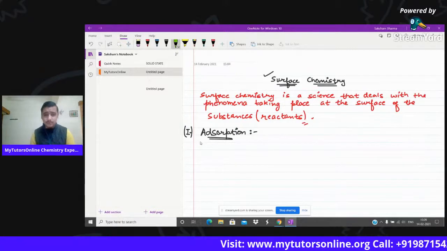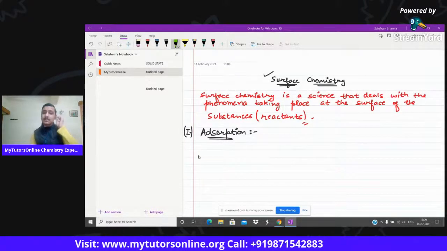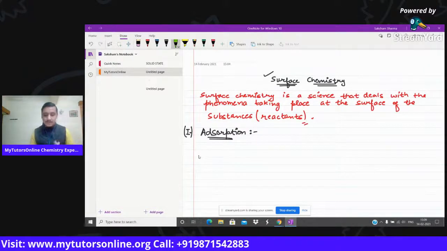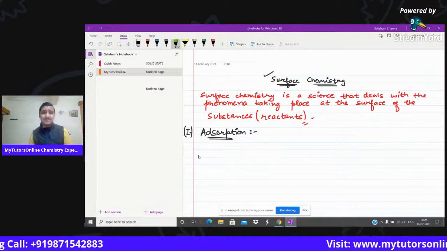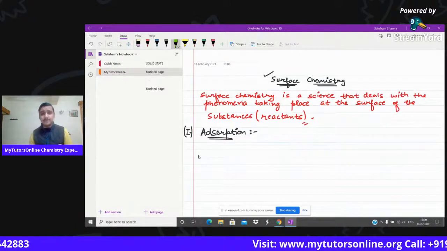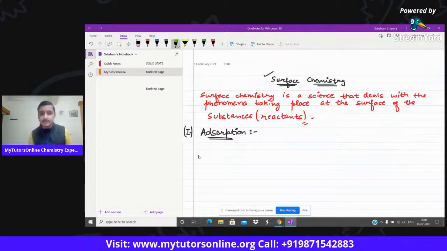This is a bookish definition which you have to remember, because when checking answer sheets in exams, they usually only concentrate on bookish language. So I suggest that you remember the bookish language for this.